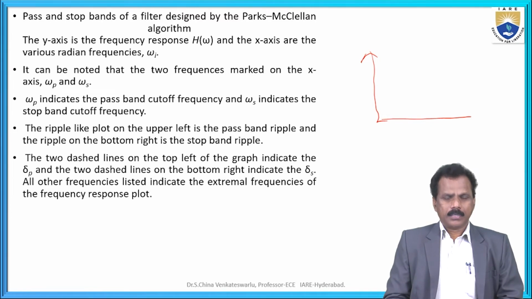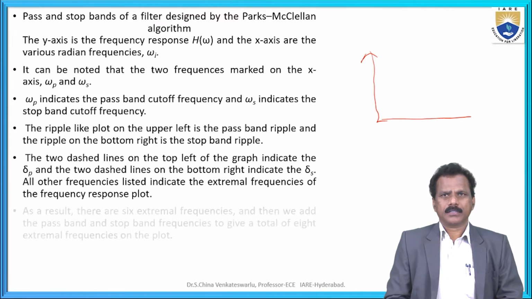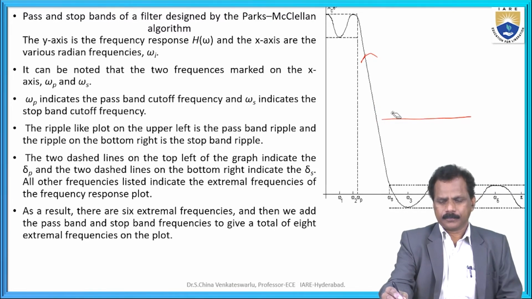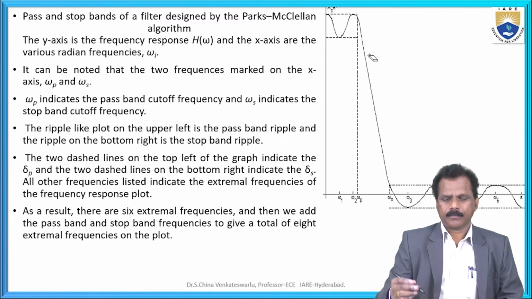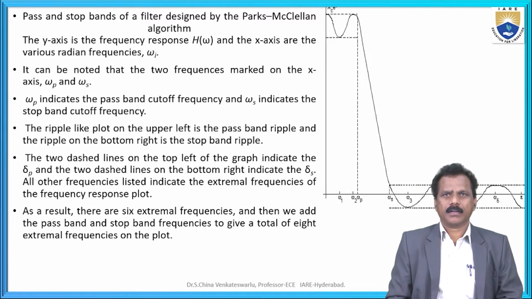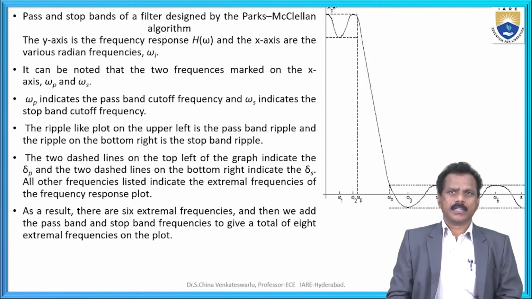The two dashed lines here are observed, where the ripple on the upper left is the passband ripple and the ripple on the bottom right is the stopband ripple.